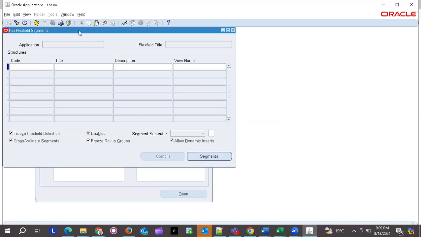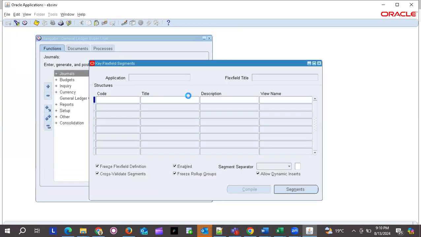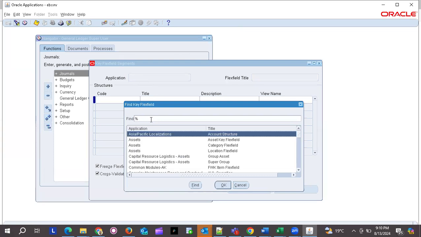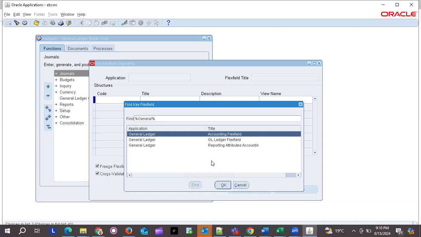So I was explaining how you're supposed to search for the application. Here you search for general ledger. The system will give you more than one general ledger application, but the titles are different. Which title are you supposed to select? Accounting Flexfield.